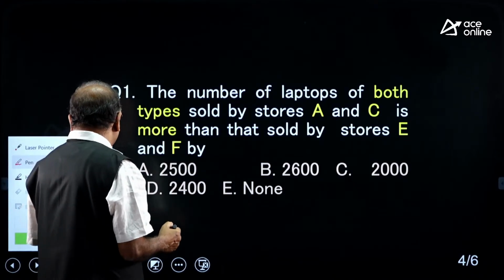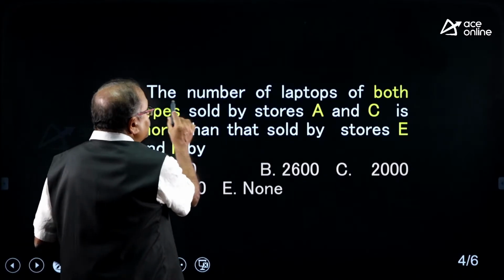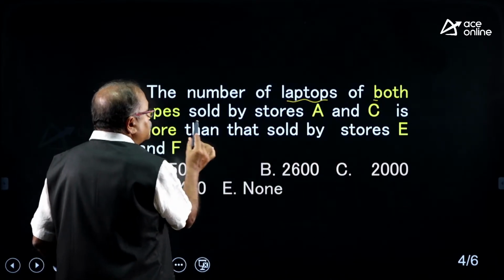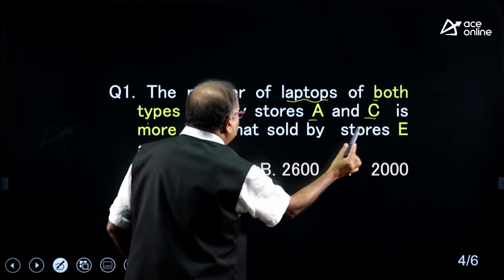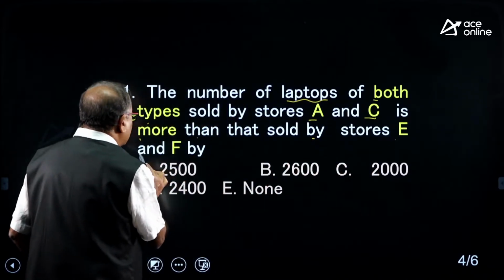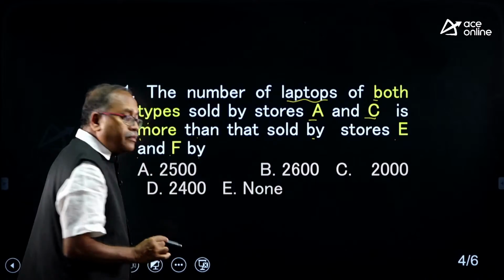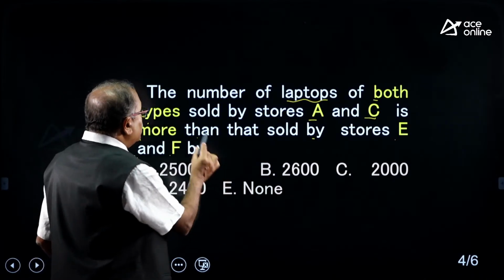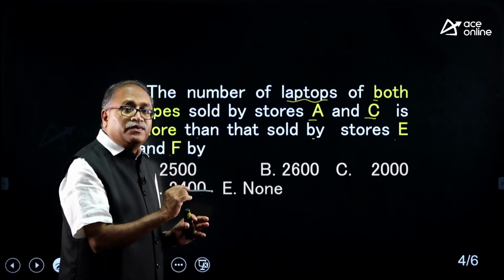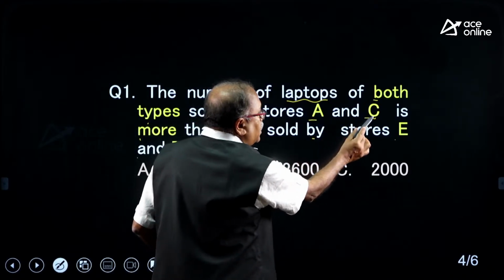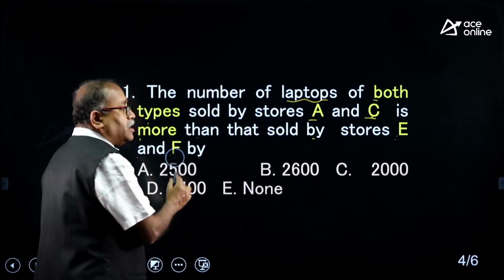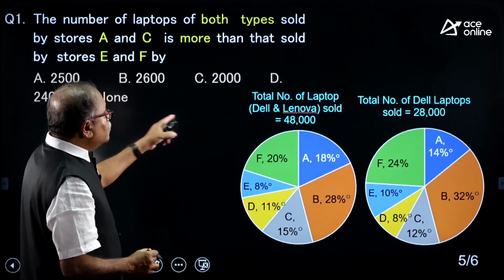So, look at this part here, you notice that the number of laptops of both types sold by A and C is more than that sold by E and F by. That means the total of A and C is how much more than the total of E and F. I only have to work on the first diagram. So, let us go to the figure.